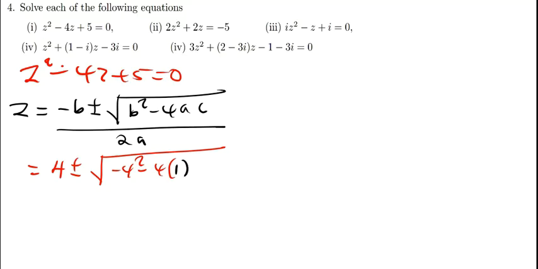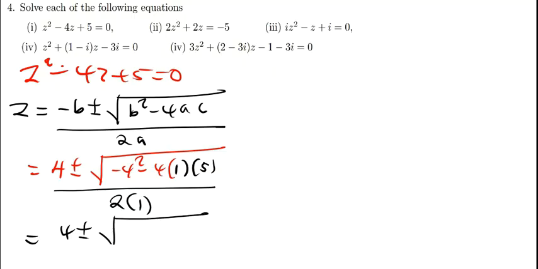Then c is 5, like that. We divide this by 2a, and a is 1. So the next thing, we'll have 4 plus or minus the square root of negative 4 squared is 16, minus 20. I divide this by 2.